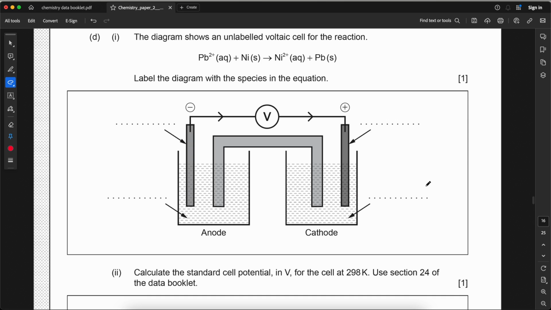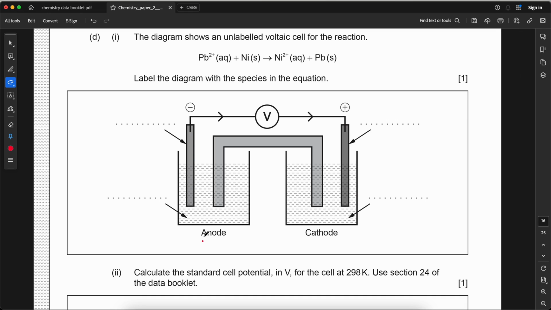The diagram shows an unlabeled voltaic cell for the reaction Pb2+ plus Ni produce Ni2+ and Pb. Label the diagram with the species in the equation. Ni, nickel, is more reactive than Pb. Therefore, Ni will experience oxidation.